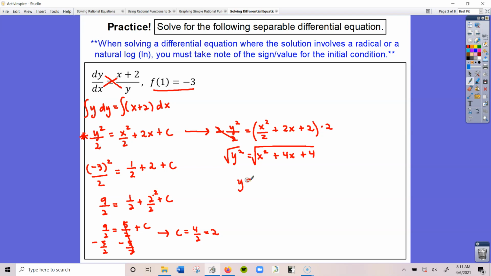So y is equal to plus or minus the square root of x squared plus 4x plus 4. Again, look at your initial condition. It is negative. So that means that my particular solution must be the negative version of the radical. So my actual final answer is y equals negative square root of x squared plus 4x plus 4.